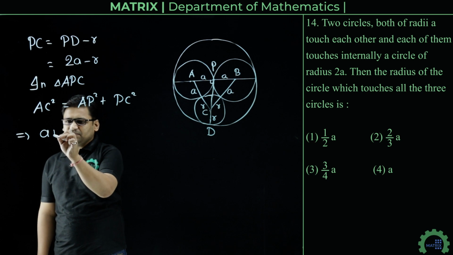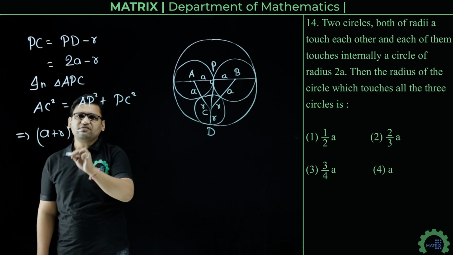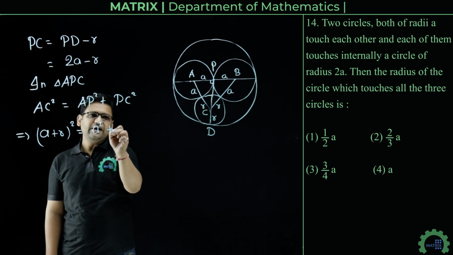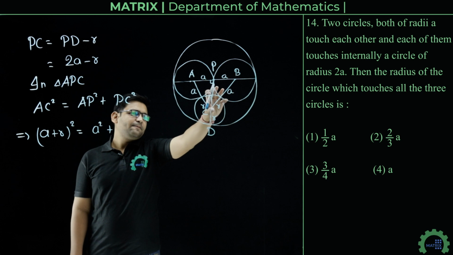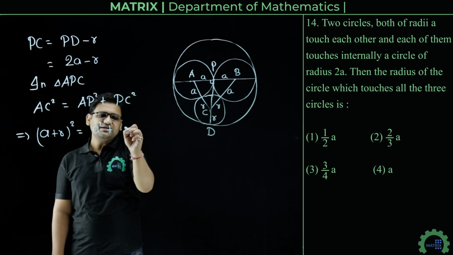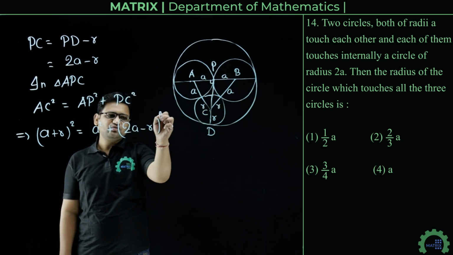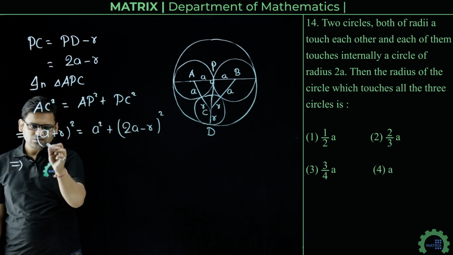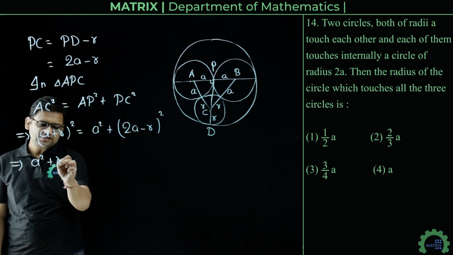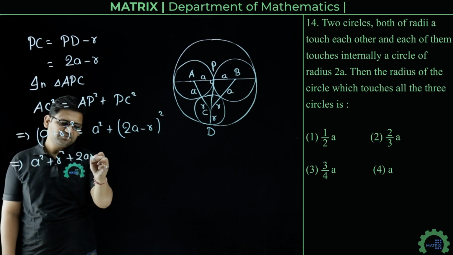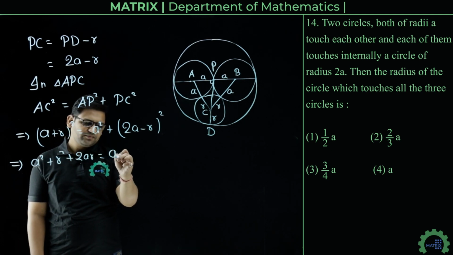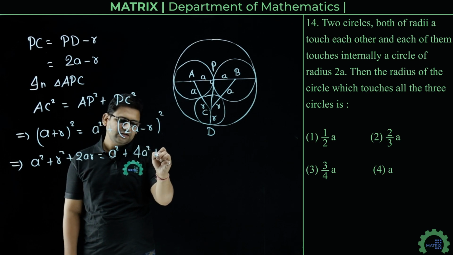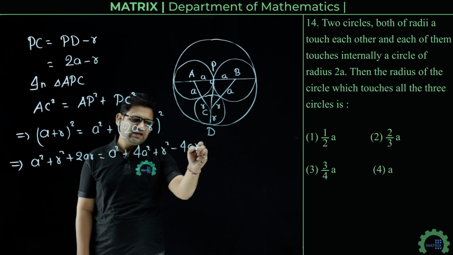So (a plus r) whole square will be equal to AP square, which is a square, plus PC square, which is (2a minus r) whole square. Now on simplifying this, we will get the value of r. So a square plus r square plus 2ar will be equal to a square plus (2a minus r) whole square, that is 4a square plus r square minus 4ar.